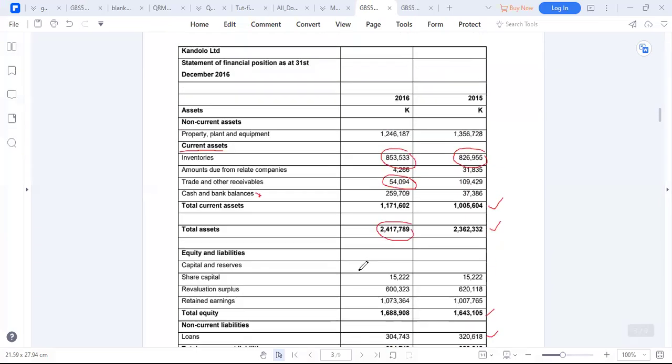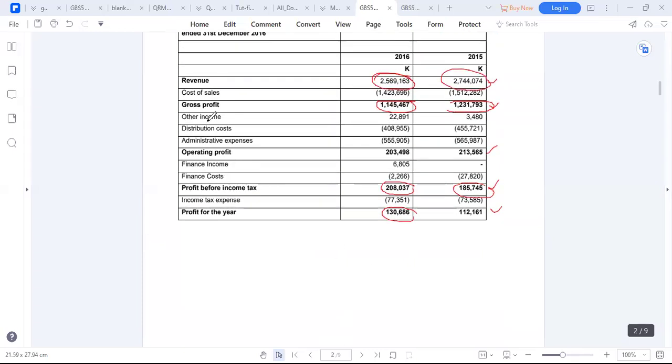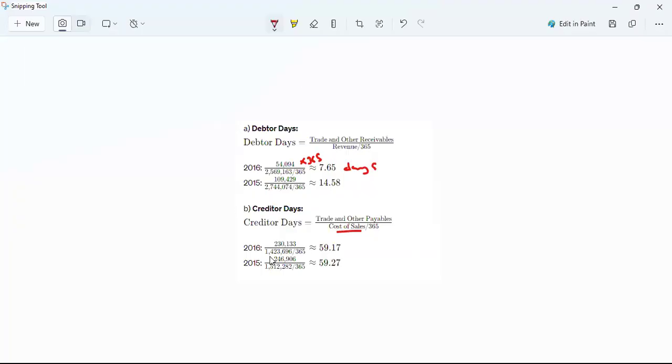Then cost of sales, we go here. The cost of sales is given as a figure, 1.4. So this is 230 over 1.4 times 365.